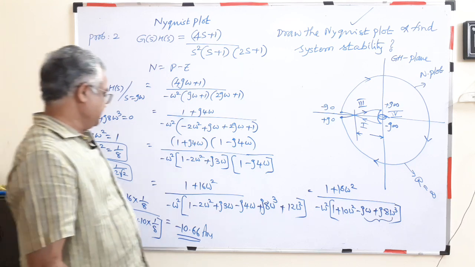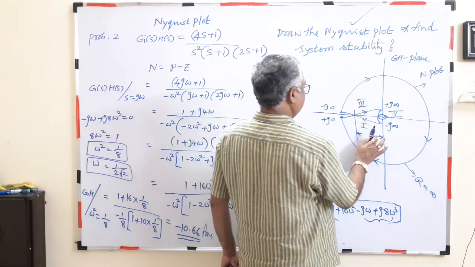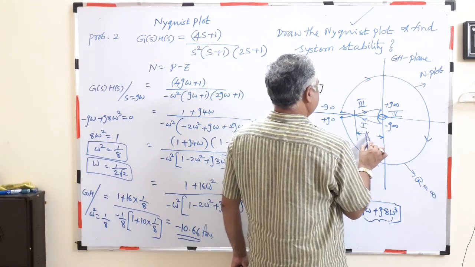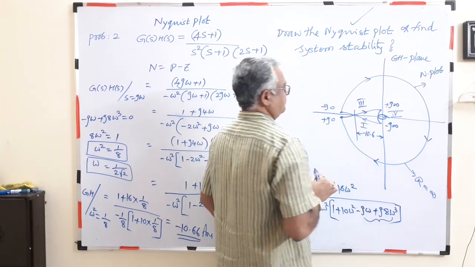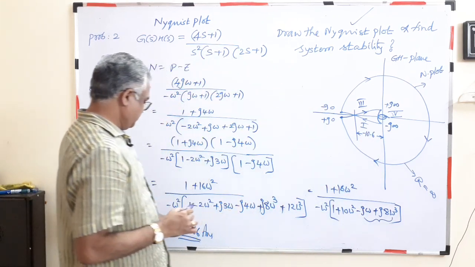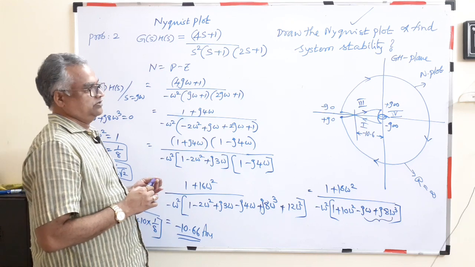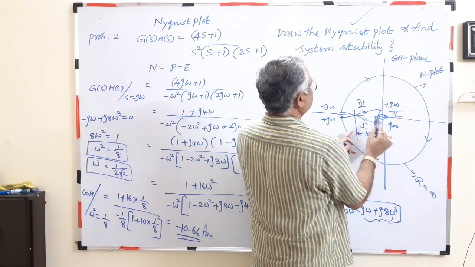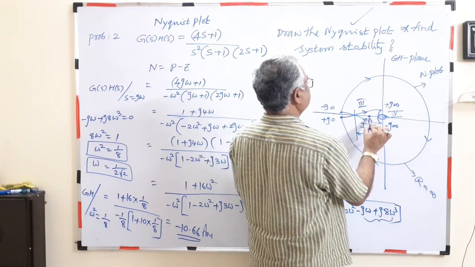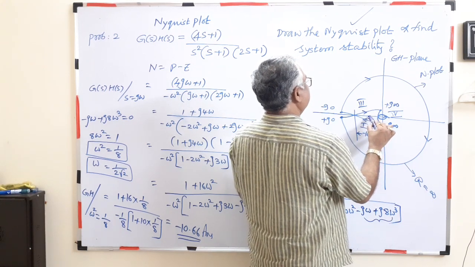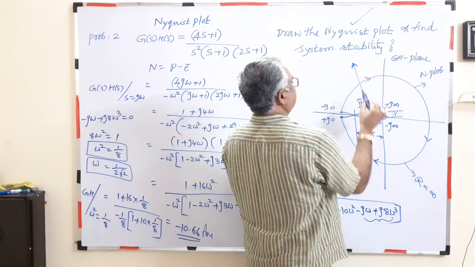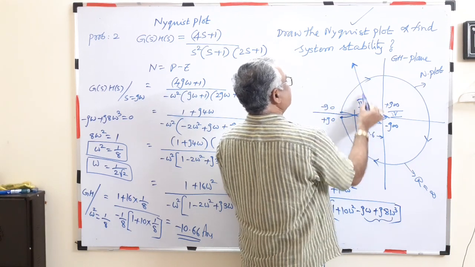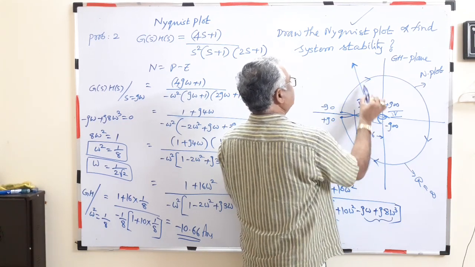That means what is this distance now? Minus 10.6. The real value is becoming minus 10.66. So when this distance is minus 10.6, definitely minus 1 is inside. When minus 1 is inside, if you project, how many times is this line intersecting? 2 times.